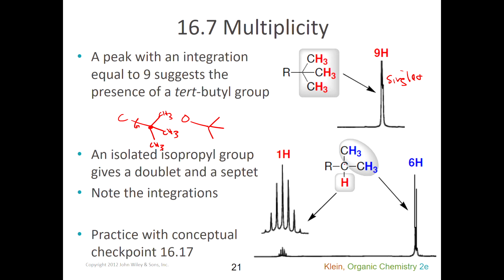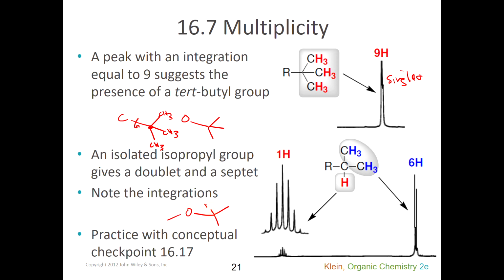If I have an iso group, like an isopropyl, then in my isopropyl, let's say there are no hydrogens on this carbon. So let's just say maybe there's an oxygen here or something like that.